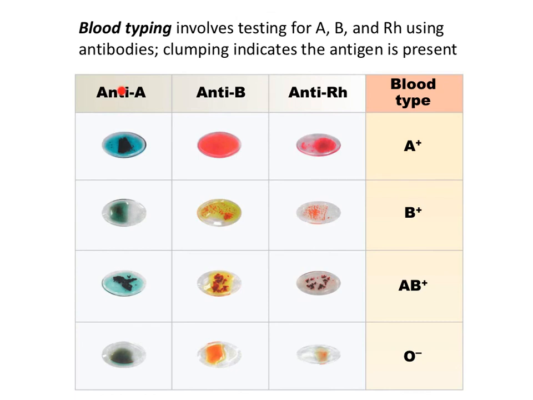So with the anti-A antibodies, the anti-B antibodies, and the anti-Rh antibodies, and looking to see if there is agglutination that occurs. If agglutination occurs, then you know that particular antigen is present. So here, all three antigens are present, AB positive. Here, none of them are present, O negative, and so on.